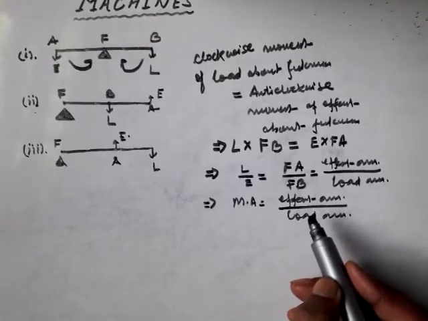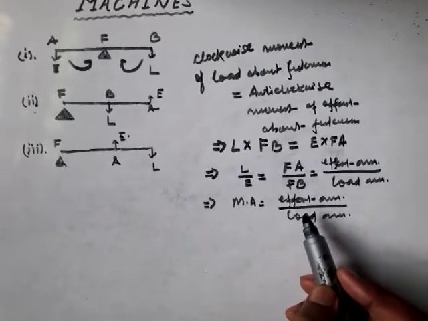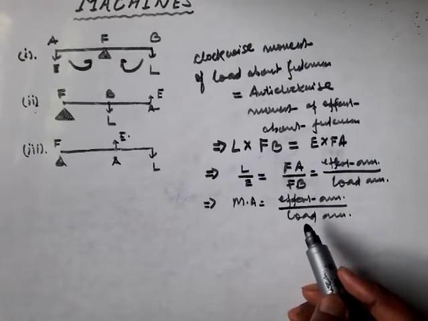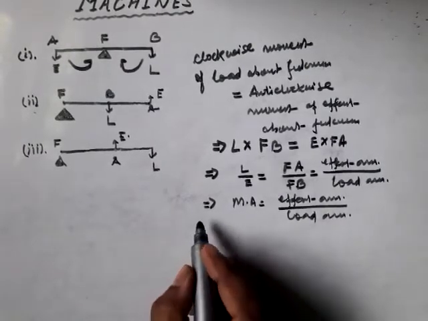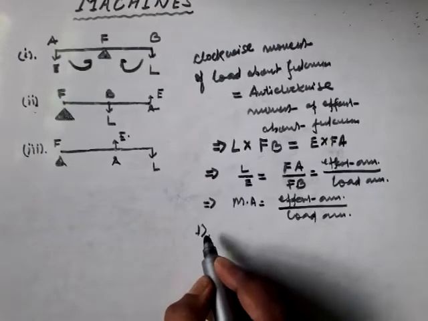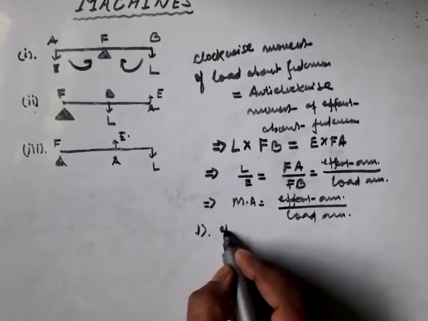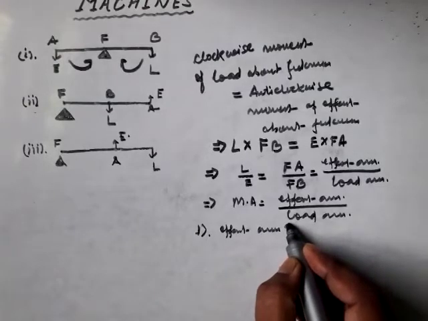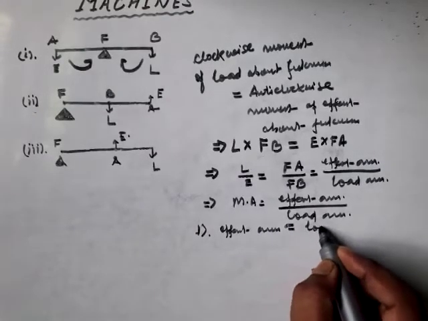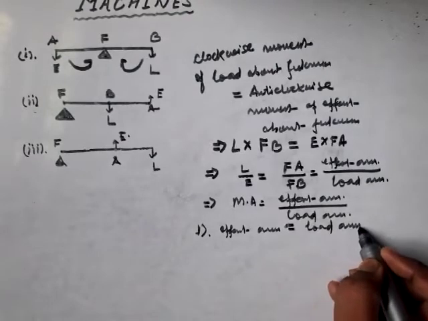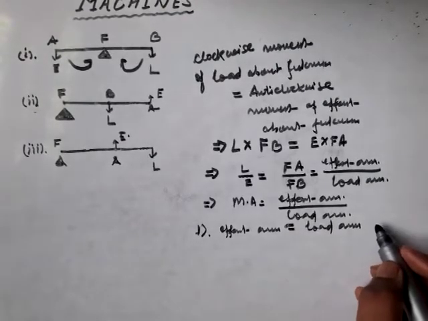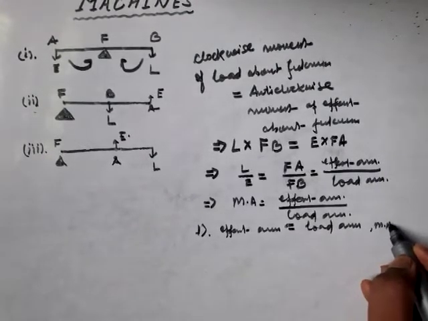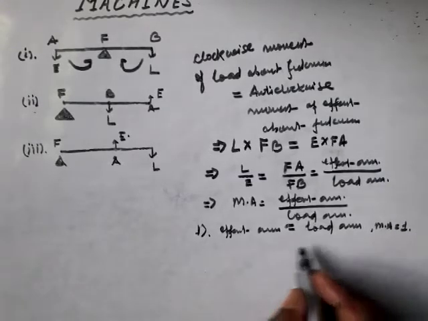And from this condition we have concluded one thing: if effort arm is equal to load arm, it means its mechanical advantage is always equal to 1. This you have to know.